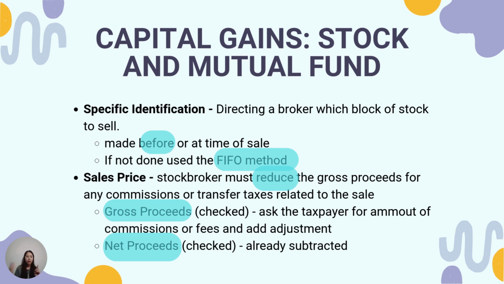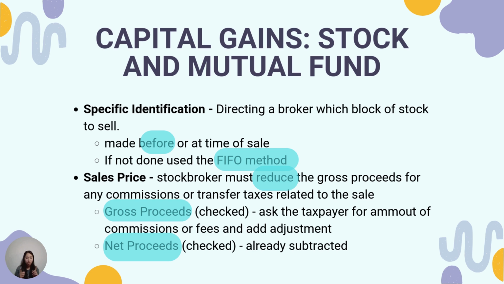And then at a later date, you tell your broker, hey, I want to sell one of my shares. Well, which one are you selling? Because if you sell the $300 share, then your capital gains is more. But if you sell the $400 share, then your capital gains is only $200 and it's worth less. So you have to note to your broker which block of stock you're selling.